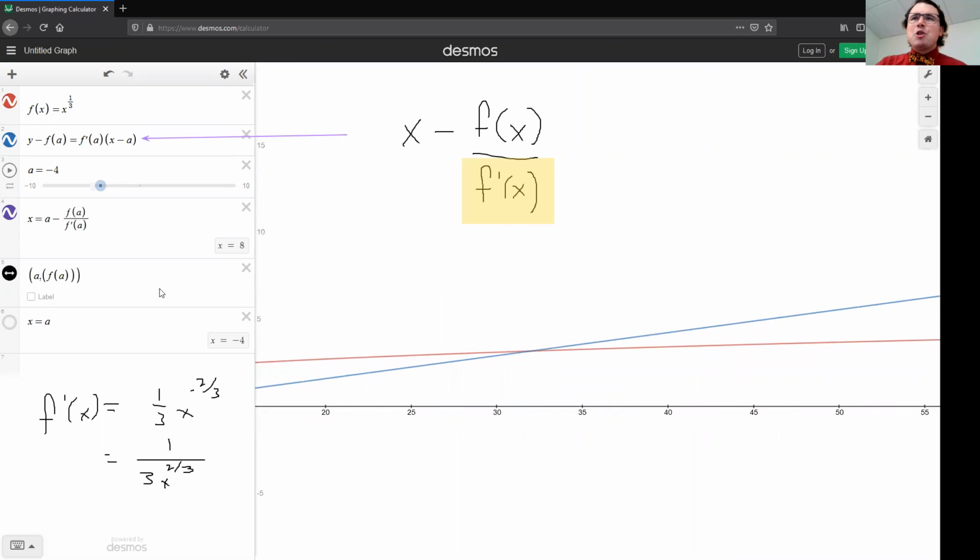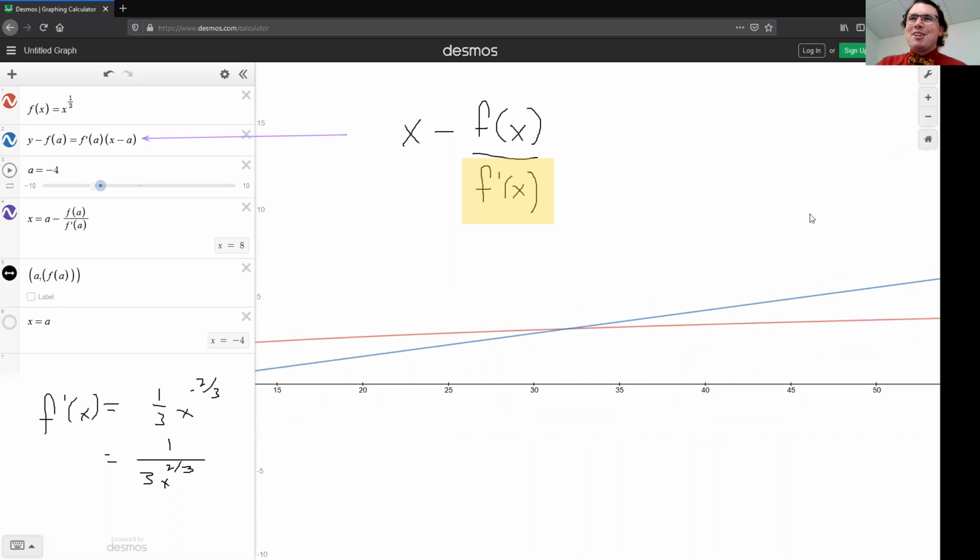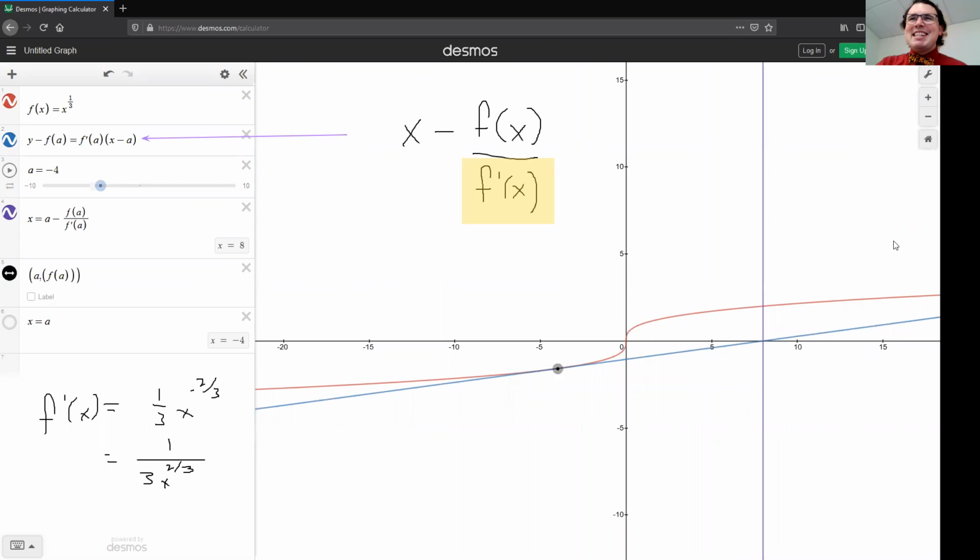And what does that do? That throws me off to some other part of the function where the derivative is even smaller. And that means that my iteration is wrong by even more. So the thing to watch out for here is that Newton's method can fail, and it will fail, if f prime of x is too close to 0.